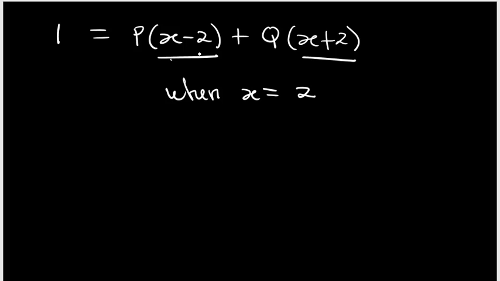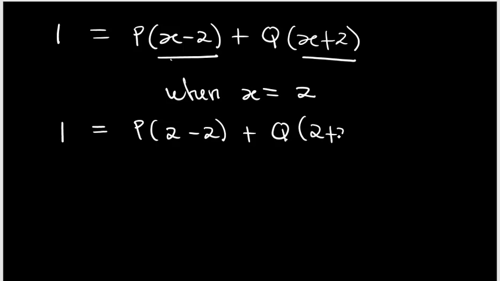So when x equals 2, what is going to happen? We are going to have 1 being equal to, we have our p, we have 2 minus 2, plus q, we have 2 plus 2. 2 minus 2 will give us 0. 0 times p will give us 0.